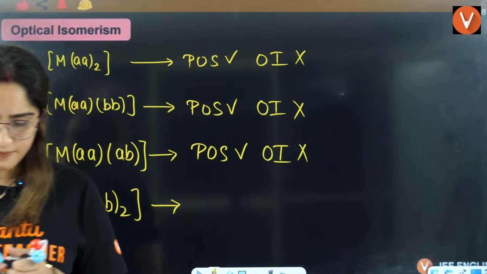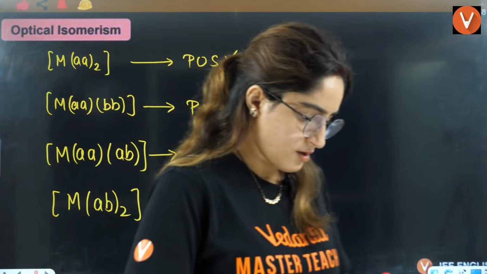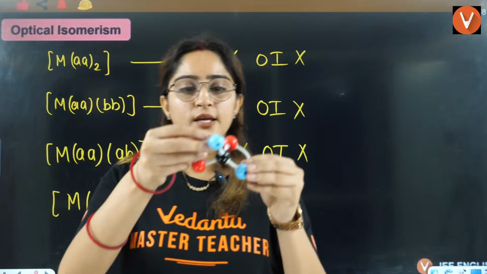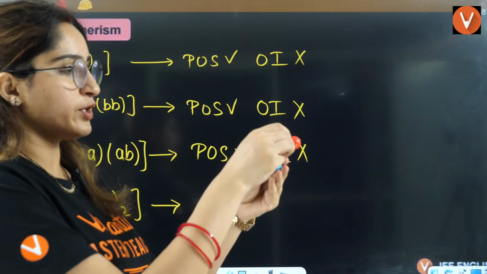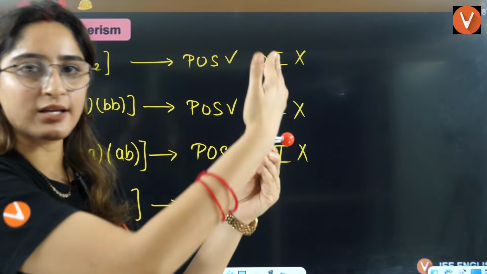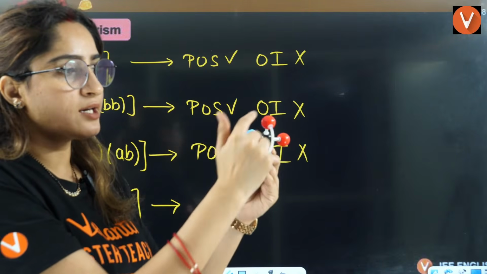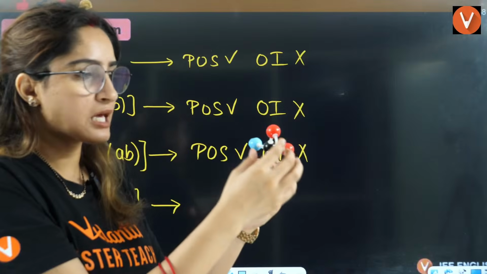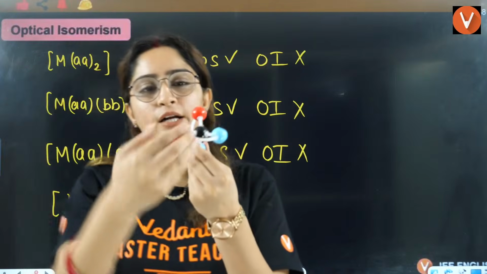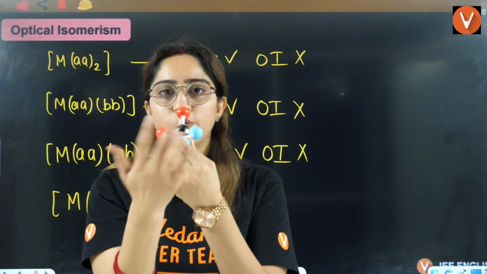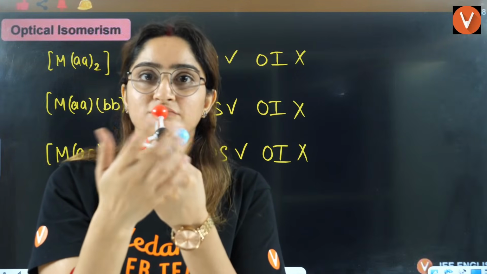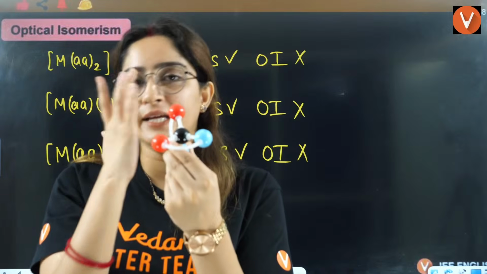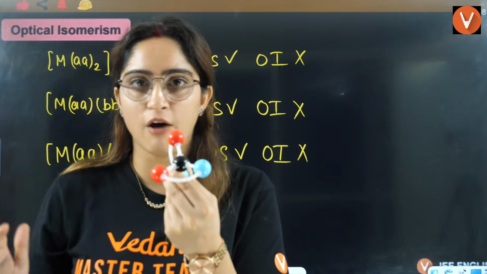Earlier, we were always passing a plane here which would cut these two into equal halves, then in the front you would pass into equal halves. But earlier you always had two of the same, a symmetrical ligand, so it was always cut into equal halves.